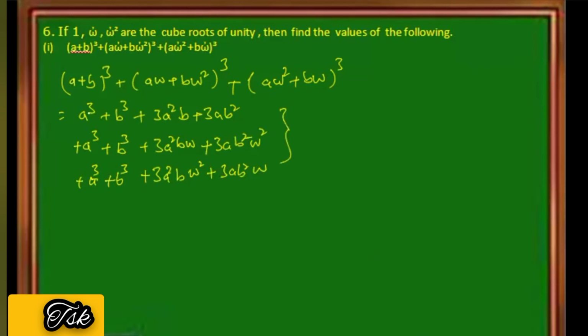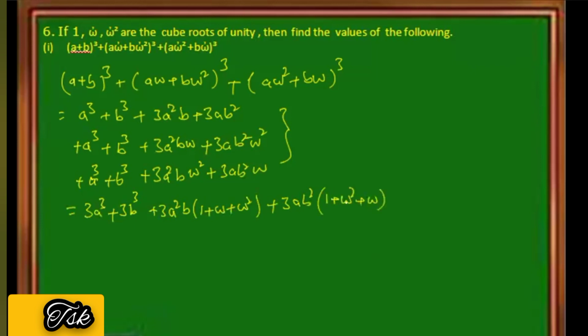Okay, so now when you add, look into this. 3a cube, and when you add, this becomes 3b cube. When you add, this becomes 3a square b into 1 plus omega square plus omega. And then when you take 3ab square common, this becomes 1 plus omega square plus omega.